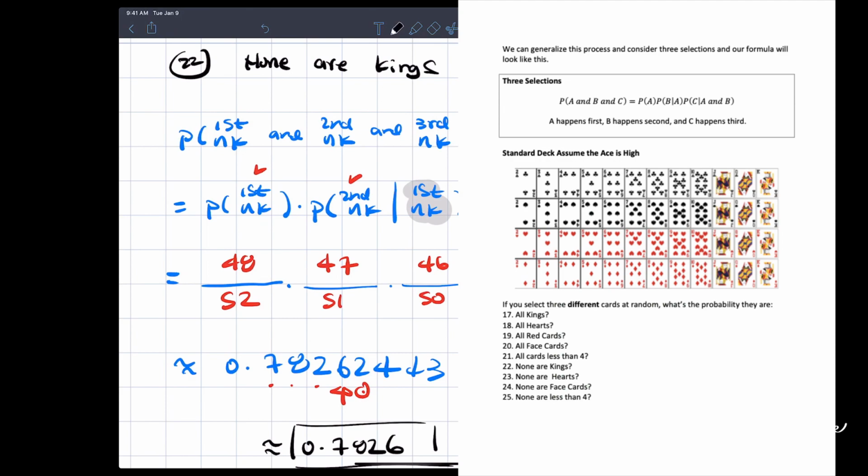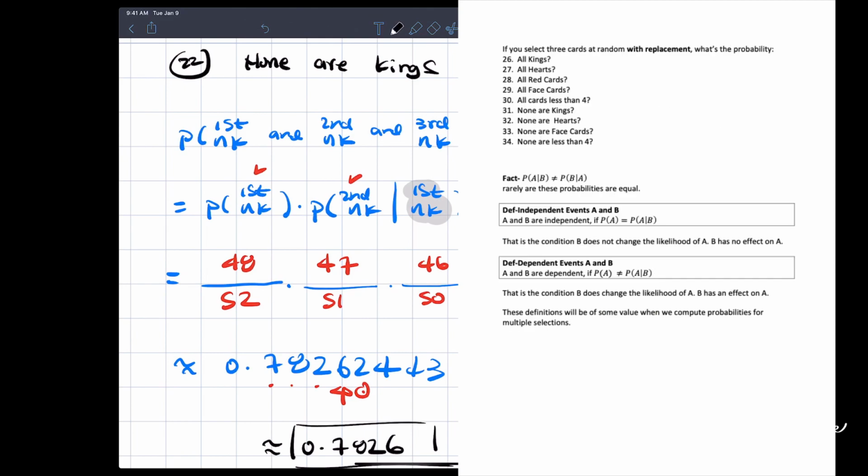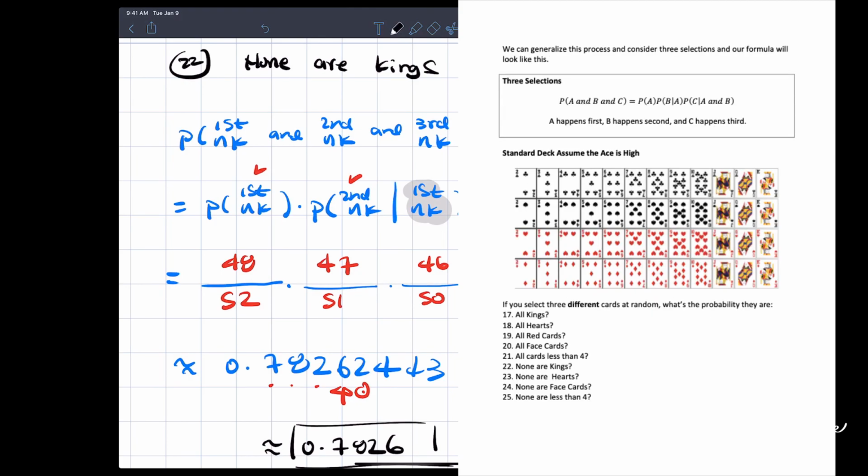Those are now the non situations for the ones you did above. And I want to also point out, I asked you from questions 26 to 34 again to do this process, but you're going to do it with replacement now. So you're going to put together the ideas we talked about yesterday and today to do that, of course, on your own.